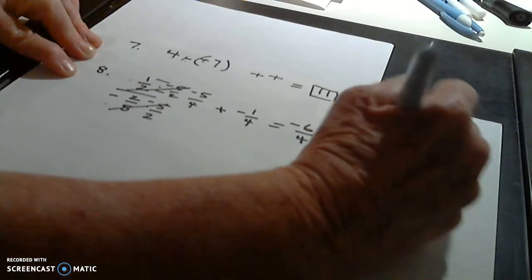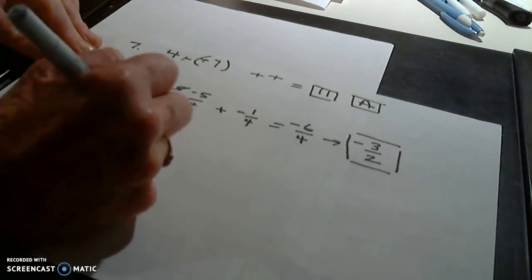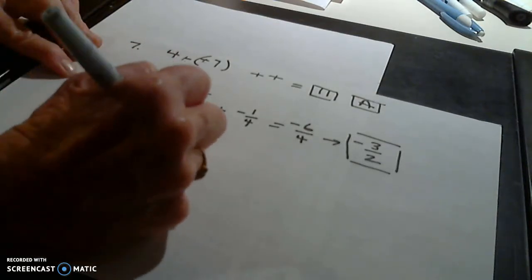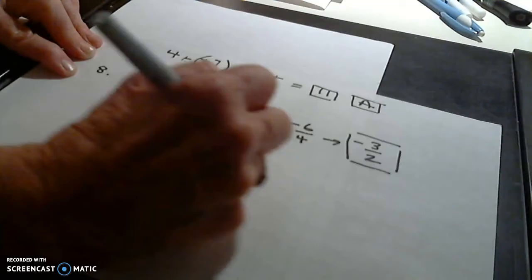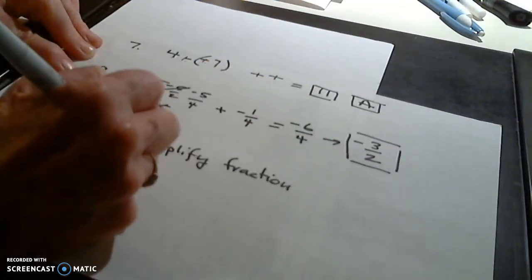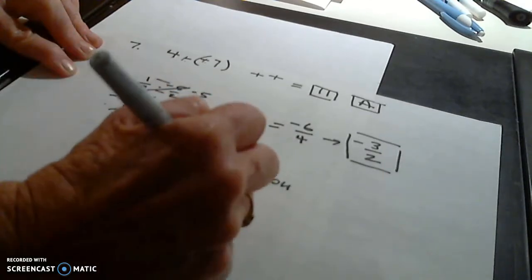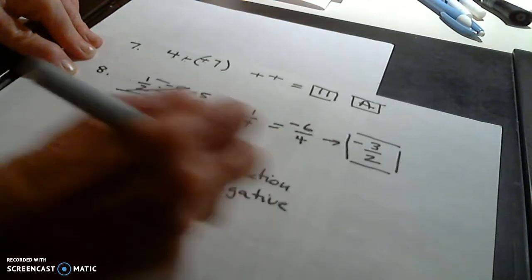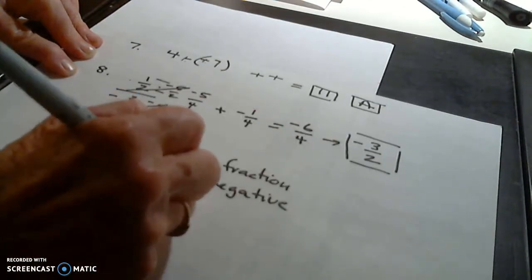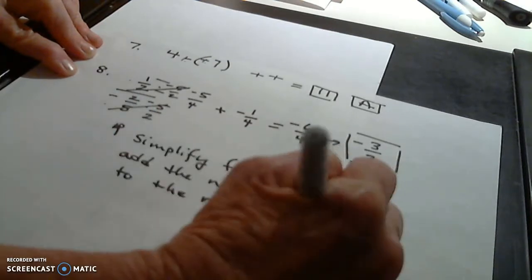When I describe what I just did, I basically say I simplify my fraction, and then I add the negative fraction to the result. And that would be a full 3-point question.